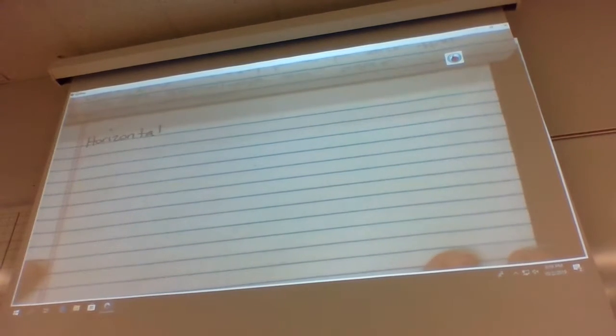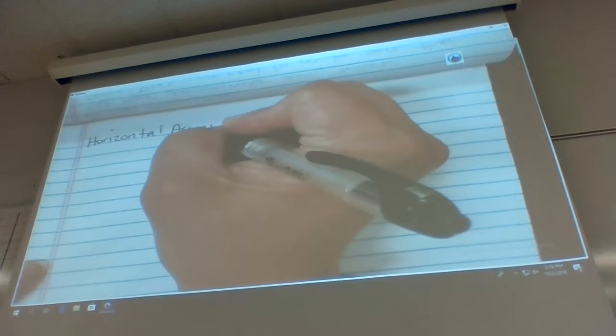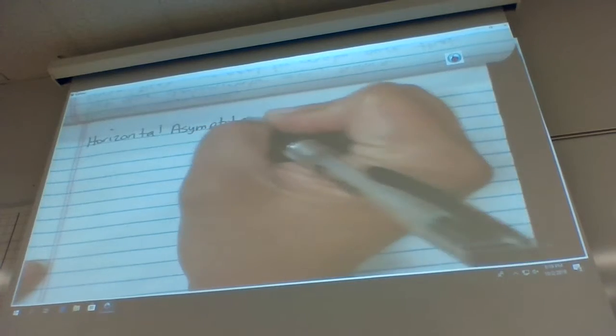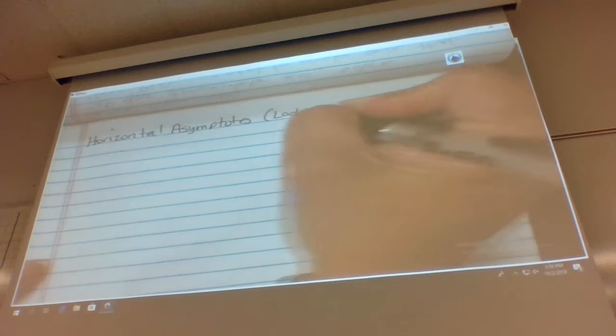Look at the degree. In order to find the horizontal one, we only care about the degree. The degree is the largest exponent of whatever your polynomial is.